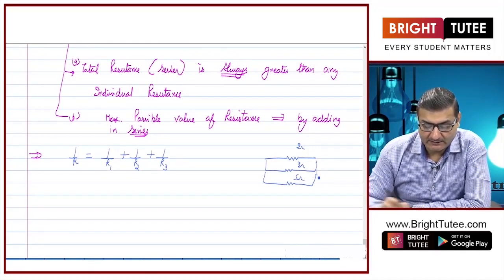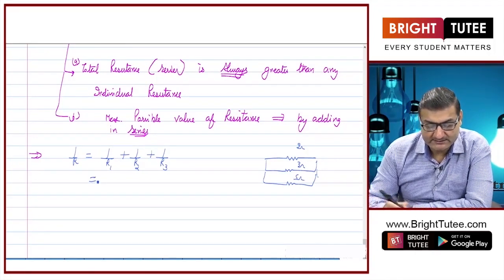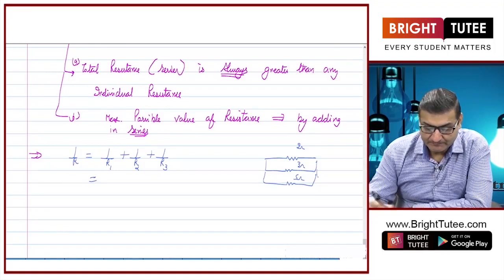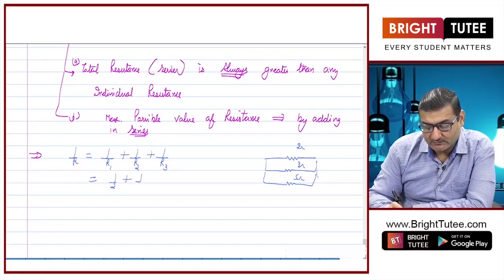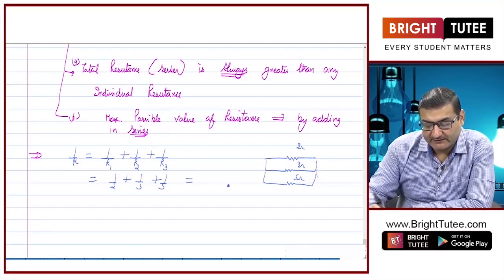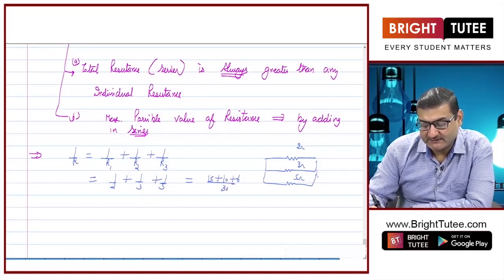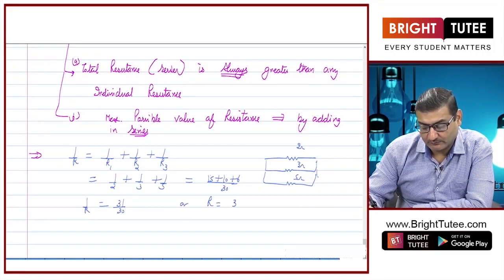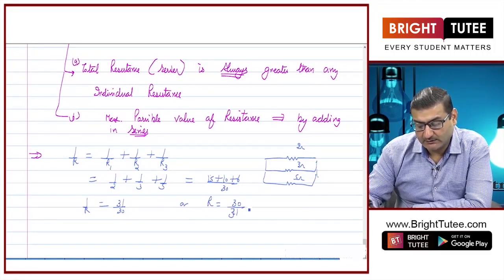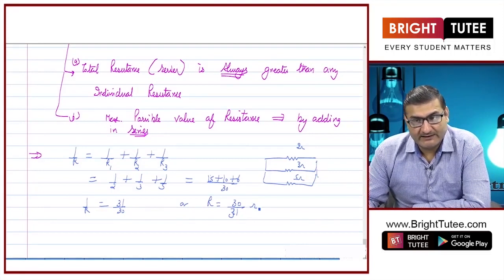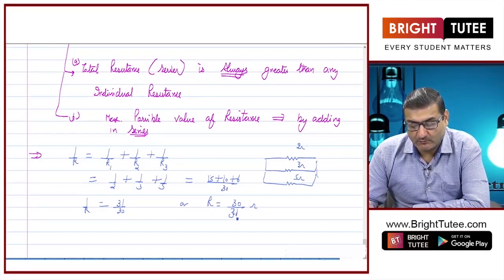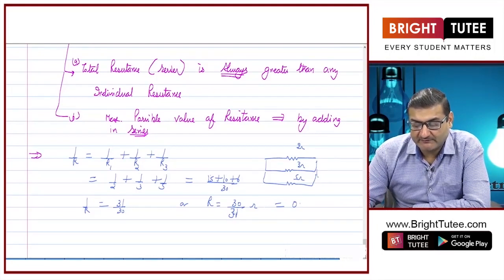When they are connected in parallel, I took 1 by 2 plus 1 by 3 plus 1 by 5, that comes out to be 15 plus 10 plus 6, LCM was 30, and the value came out to be 31 by 30, and after reciprocating I got R is equal to 30 upon 31 ohms. When I am talking about 30 upon 31 ohms, then the value approximately will be 0.996 ohms.